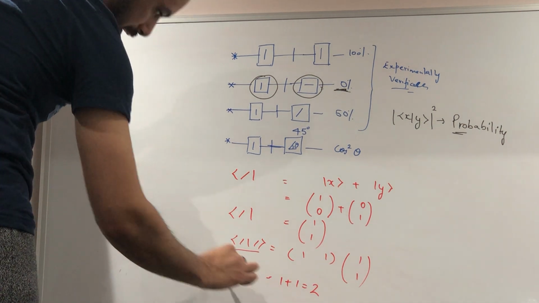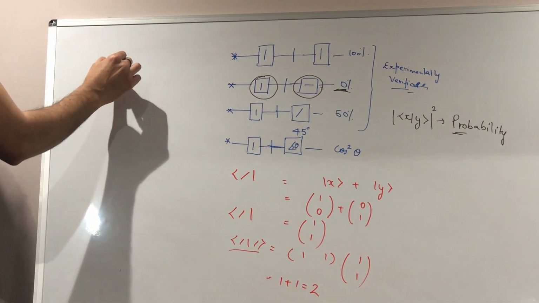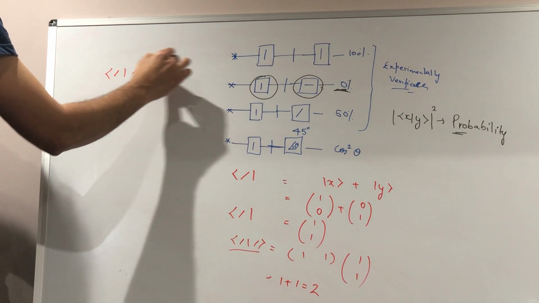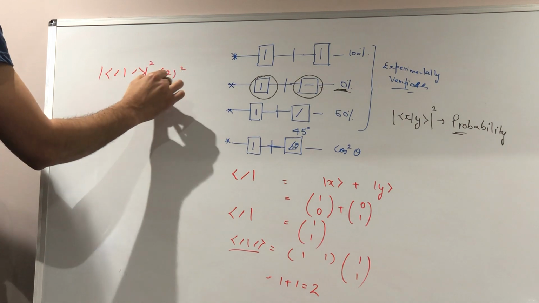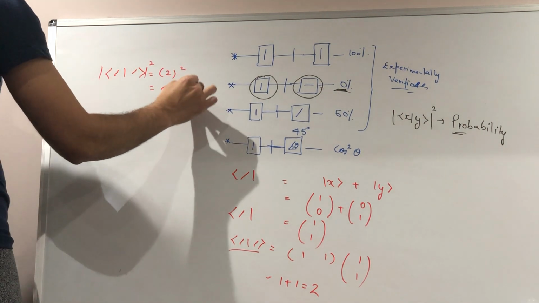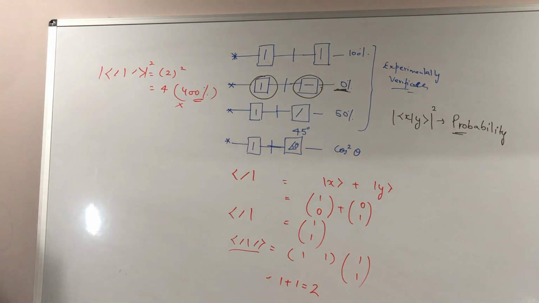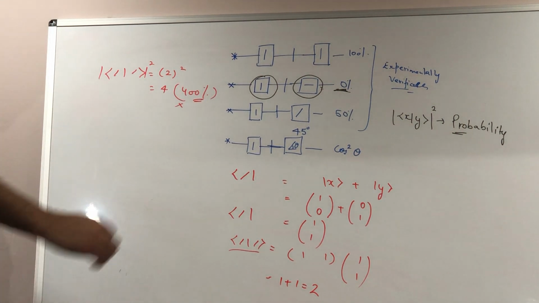So what is the probability of getting the output here? It is 2 square, so it is 4. That means there are 400% chances of getting the output, which is not true. So we have to make changes here.